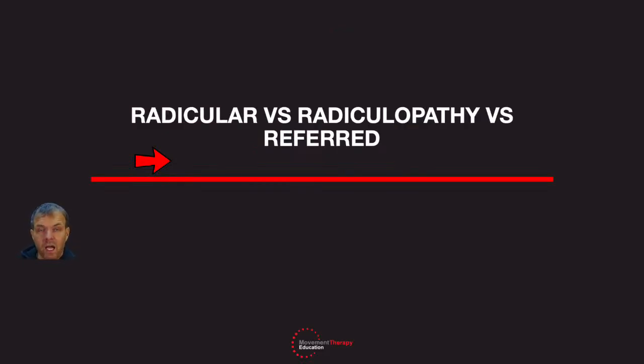So, one of the key things is that everybody, if you've got pain down the back of the leg, it gets called sciatica. And it's a bit of a lazy diagnosis, because sciatica just means pain down the back of the leg. So what we need to understand is, is it radicular symptoms?